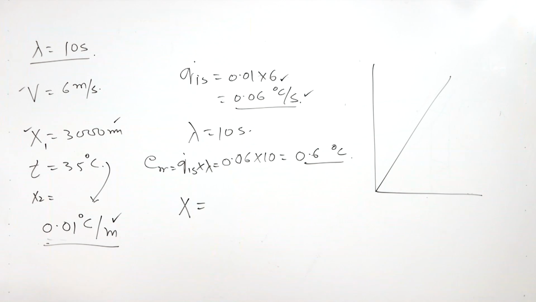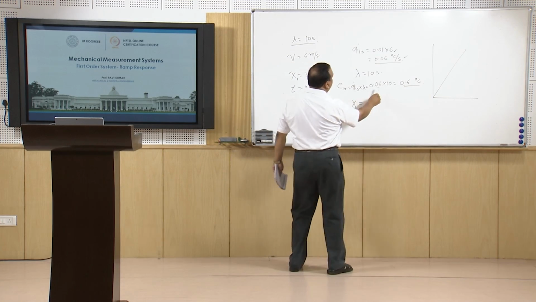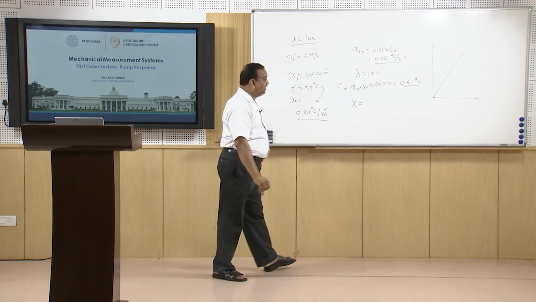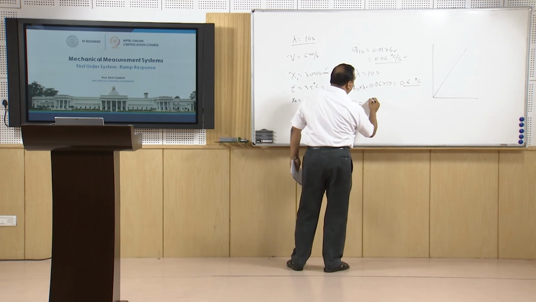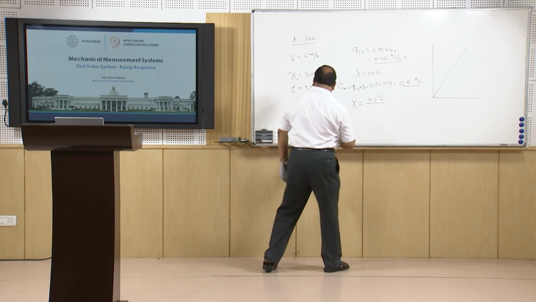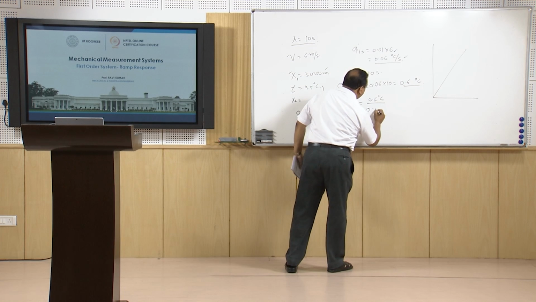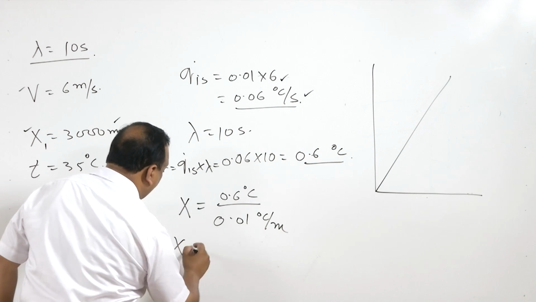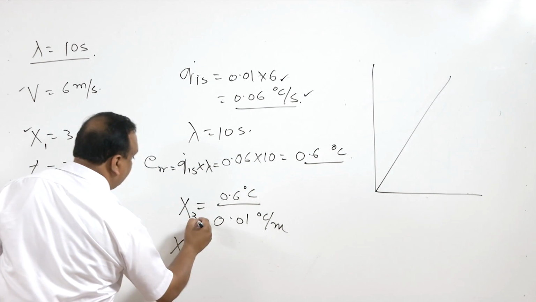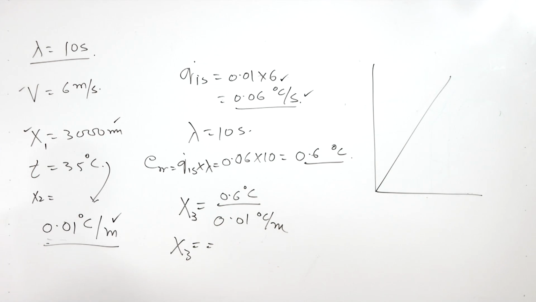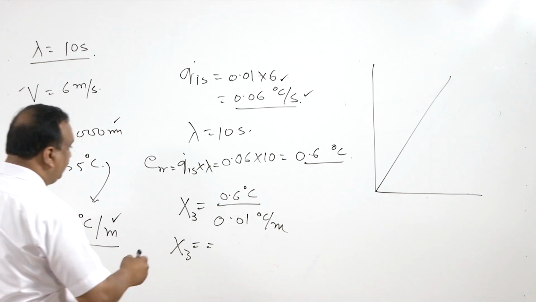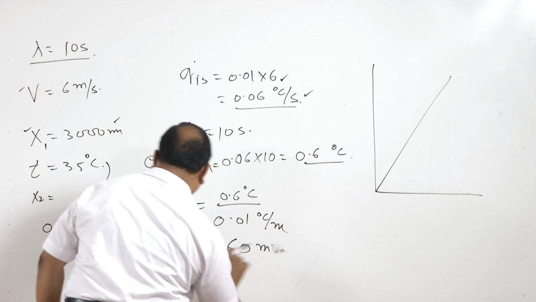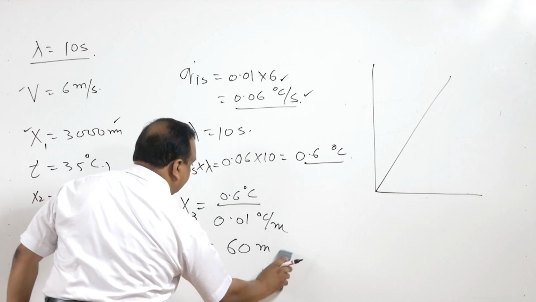Right? And here, because QIS we have taken 0.06, lambda is 10, it is 0.6 degree centigrade. Now this 0.6 degree centigrade, when it is divided by 0.01 degree centigrade per meter, we will get the value of x or x3. That is going to be how much? 60 meter. Sorry, 60 meter.